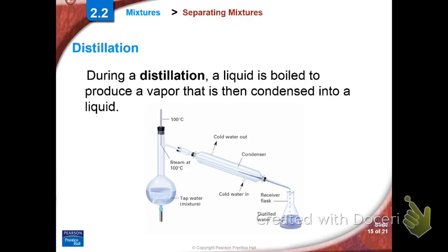Another process that we can use to separate a mixture is distillation. During distillation, a liquid is boiled to produce a vapor that is then condensed into a liquid. What's going on in this picture is that they are distilling tap water.